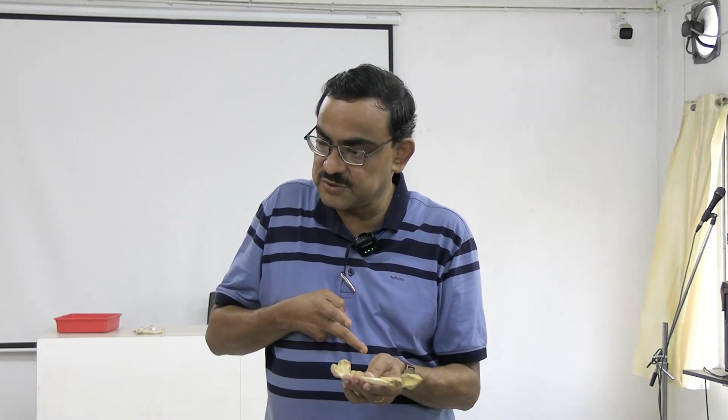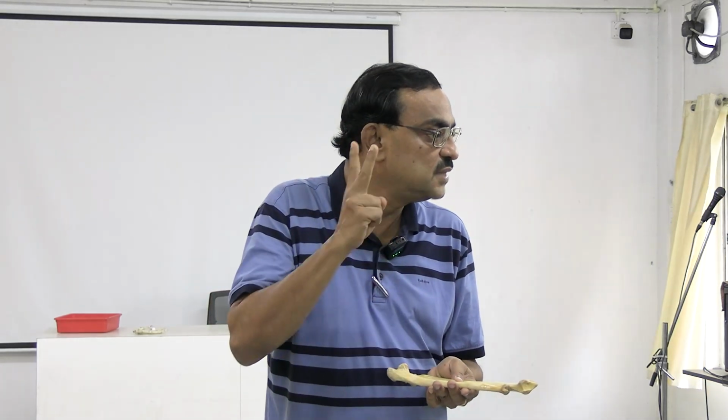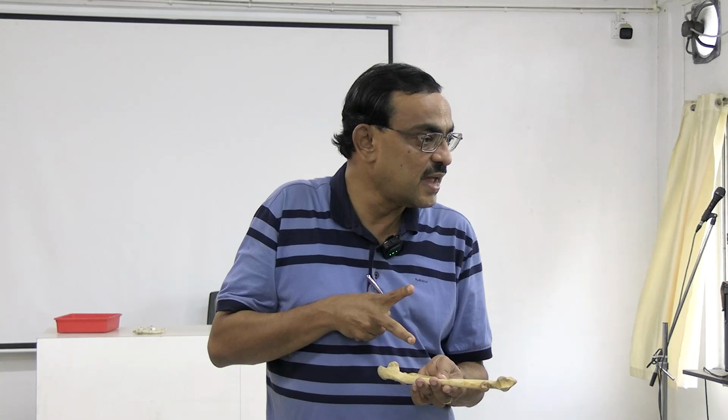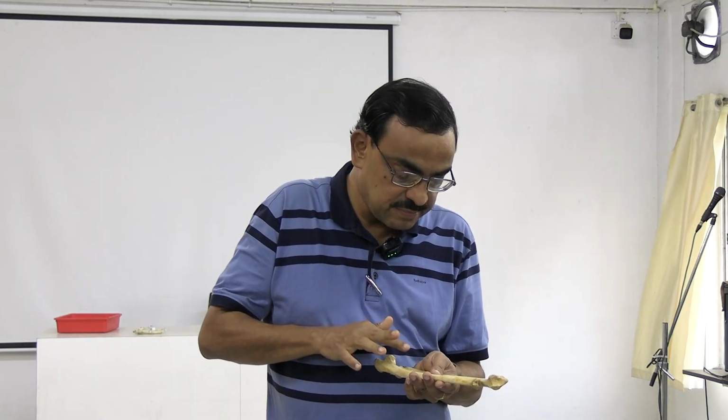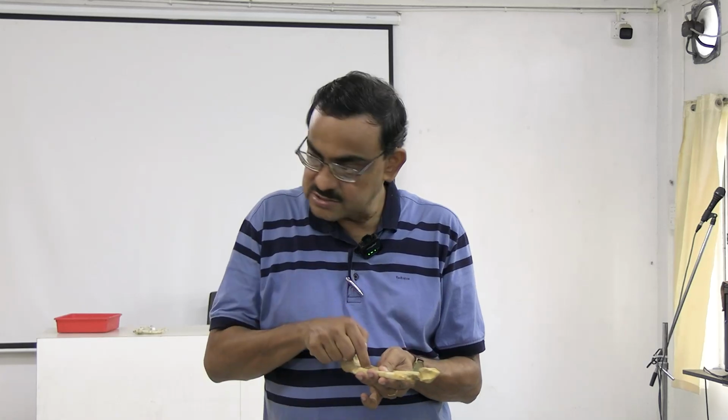So there is one artery named the common interosseous artery, which has anterior and posterior branches. The anterior branch is placed over the anterior part of the interosseous membrane, and the posterior passes through that gap and is placed over the posterior part of the interosseous membrane.